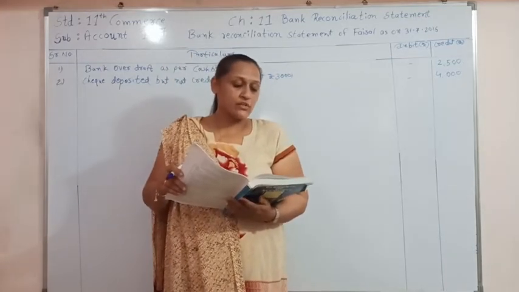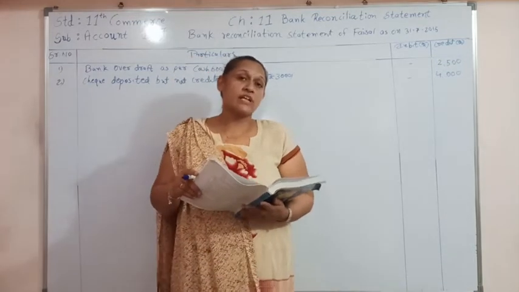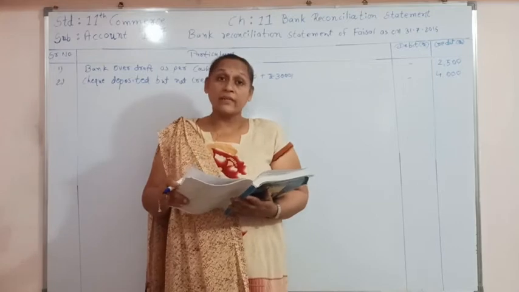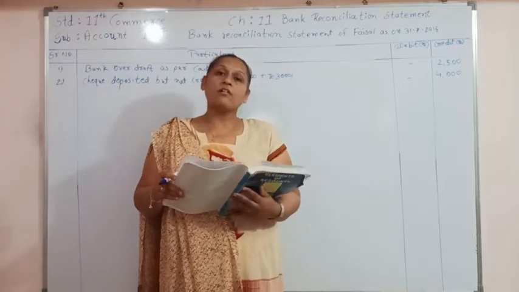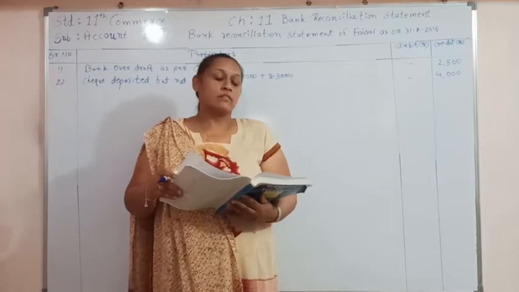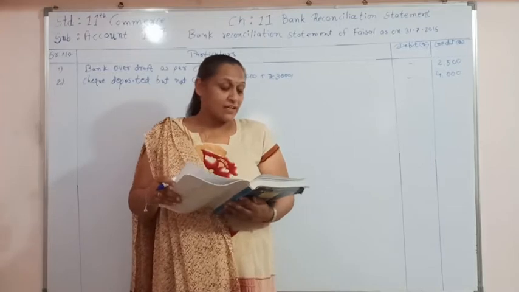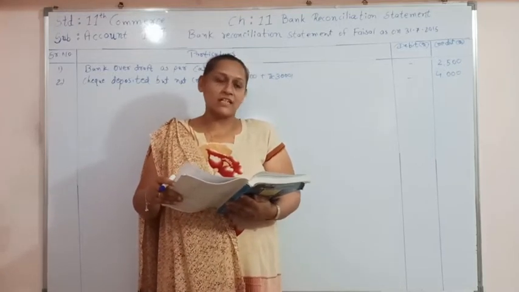Information of check issued and presented in the bank as under. So when we are issuing a check, we are writing on the credit side of passbook, and when it is presented in the bank, it is recorded on the debit side of the passbook. So here we can see the first two, that is 400 check and 1,800 check.